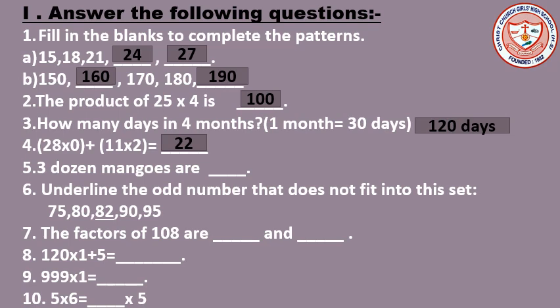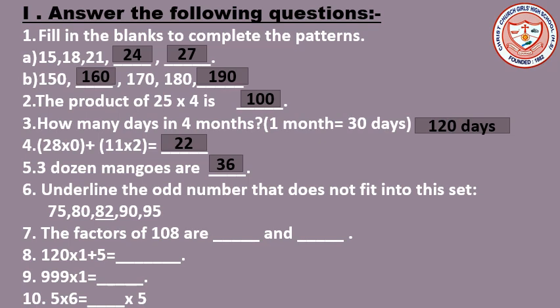So 1 dozen equal to 12 units. So 3 dozen means 3 into 12, right? So the answer will be 36. Okay.